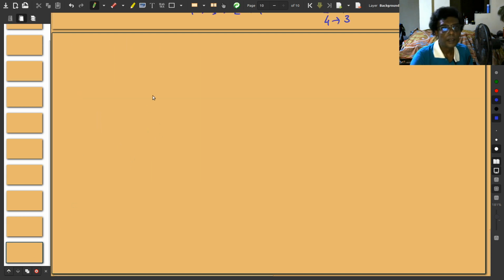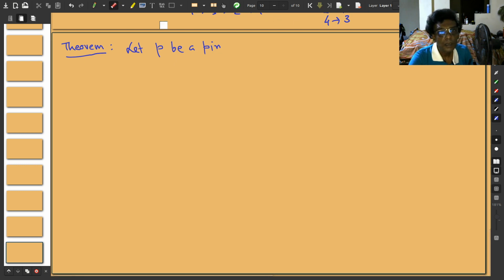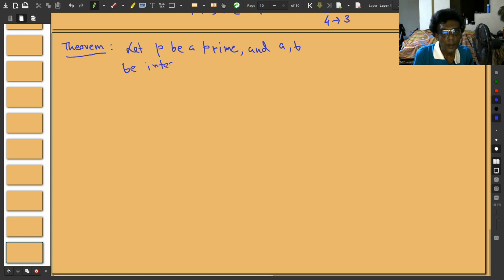So here it is, the theorem. Let P be a prime, and A, B be integers.